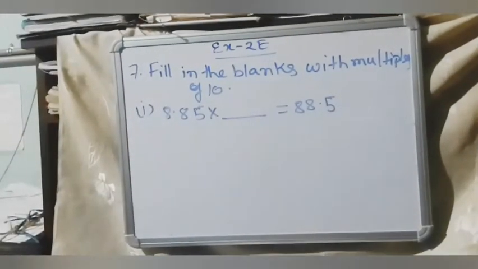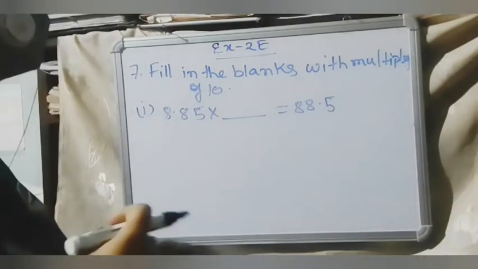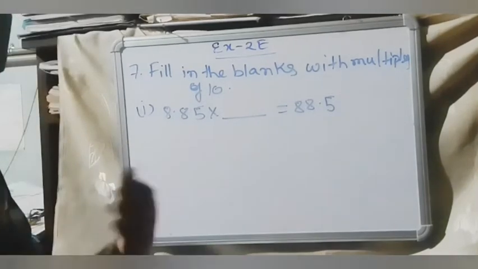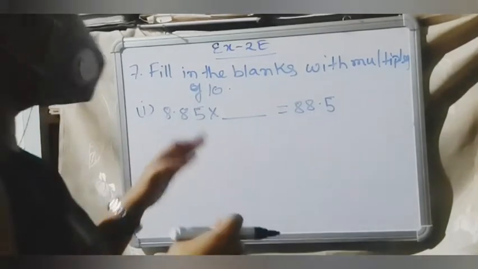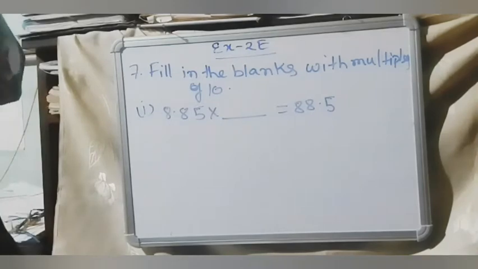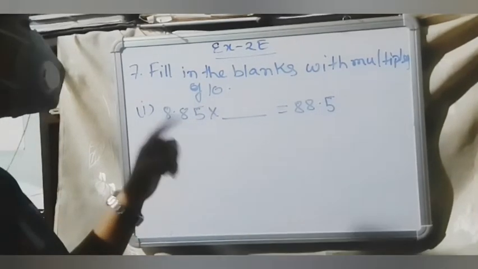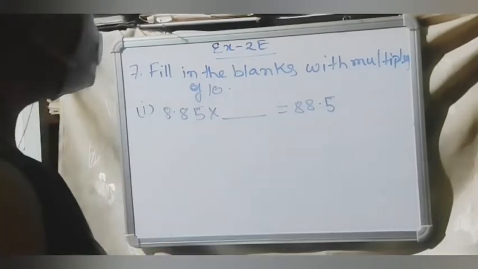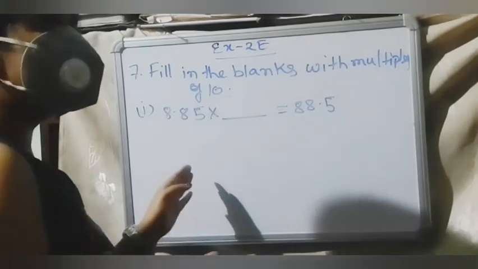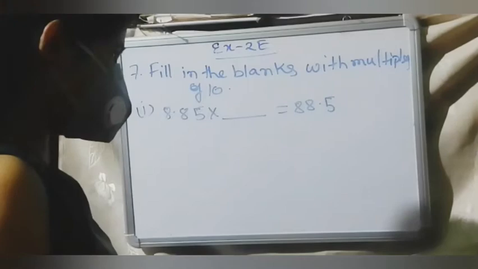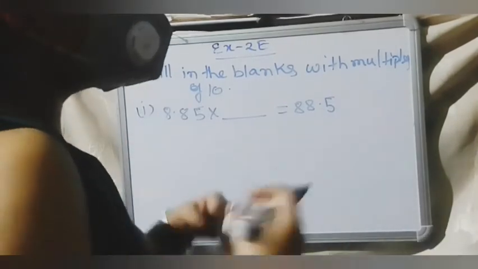So what I told you: when you multiply with 10, 100, 1000 like this, the value of the decimal number will increase, but when you divide, it will decrease. That means after the decimal point you will get fewer digits when you multiply. When you divide, after the decimal point you will get more digits, but when you multiply, after the decimal point you will get fewer digits.